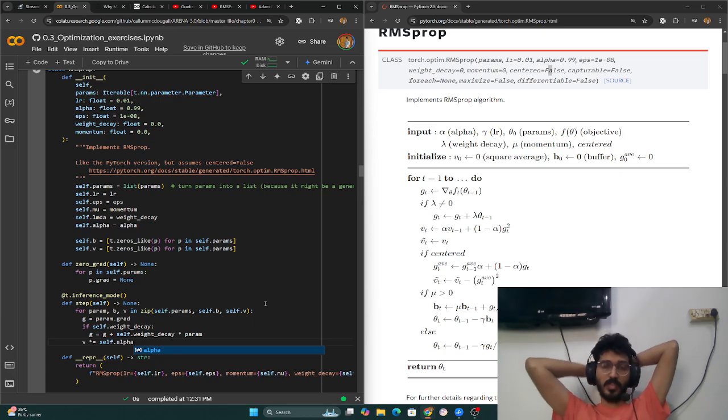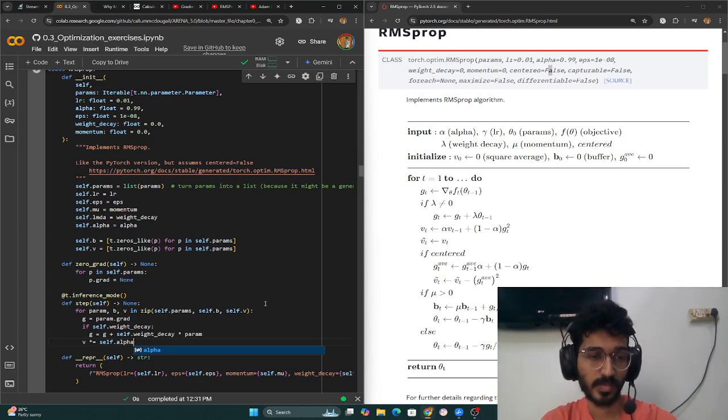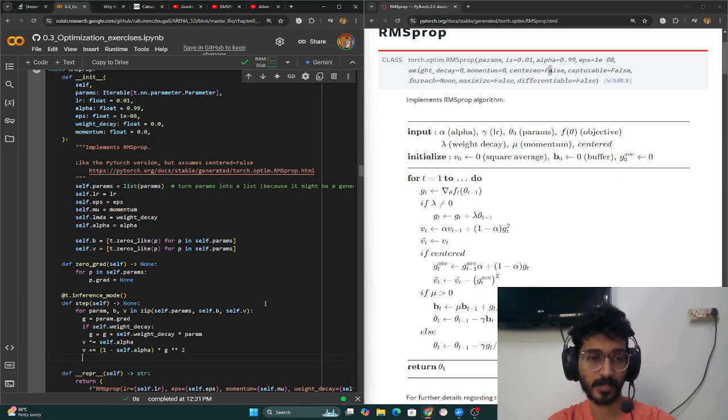We want to update the square average, and the way we do it is this, and then we do times g squared.